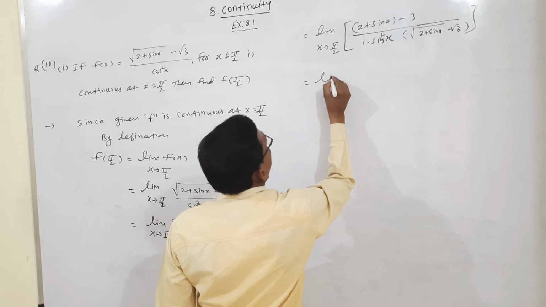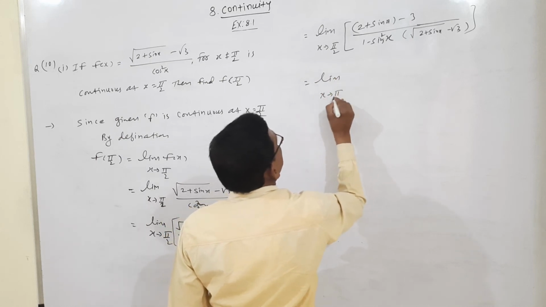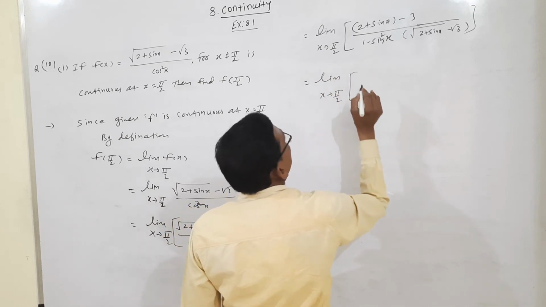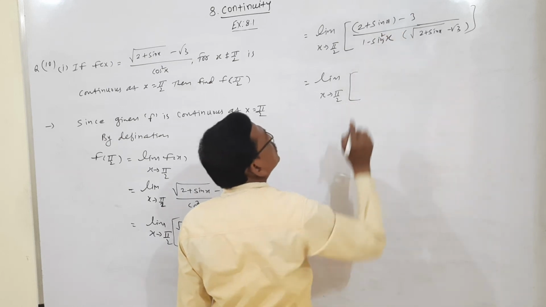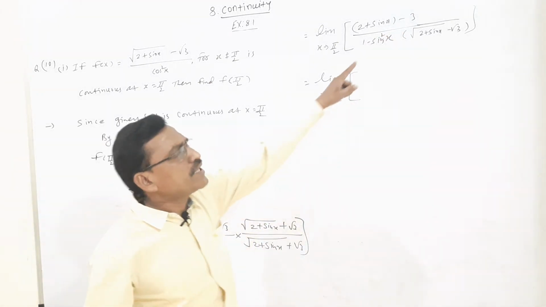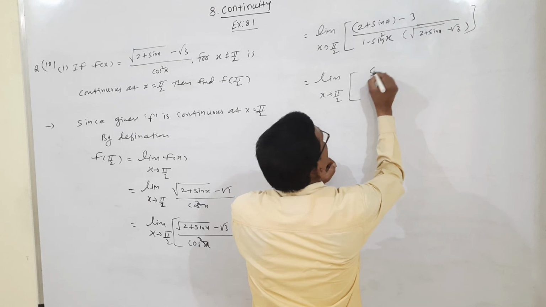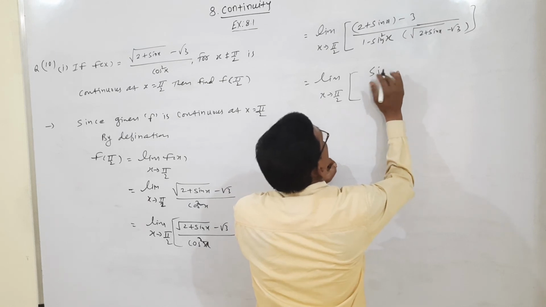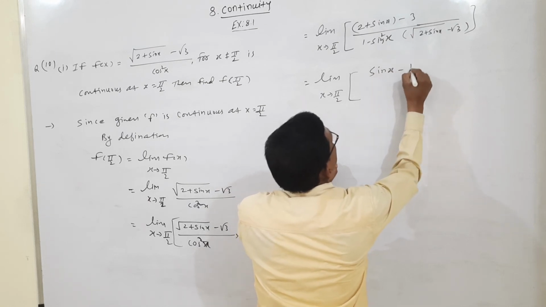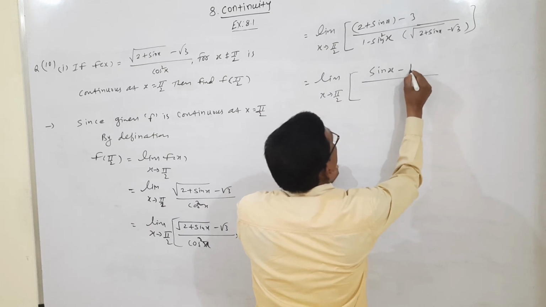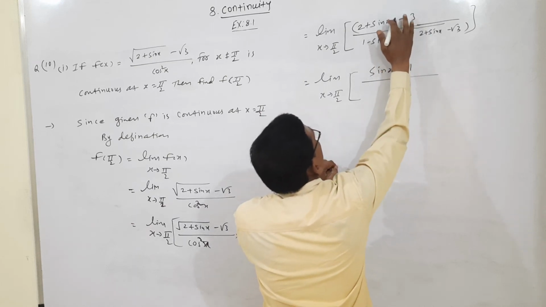Here 2 plus 2 minus 3 gives minus 1, so it becomes sin x minus 1.